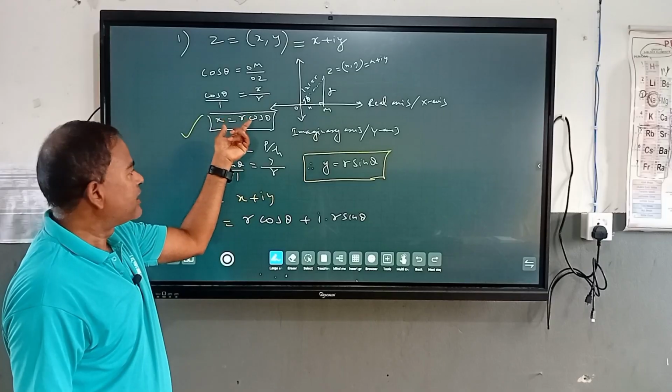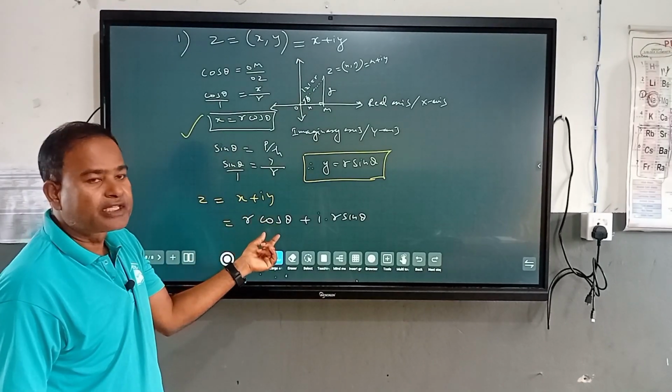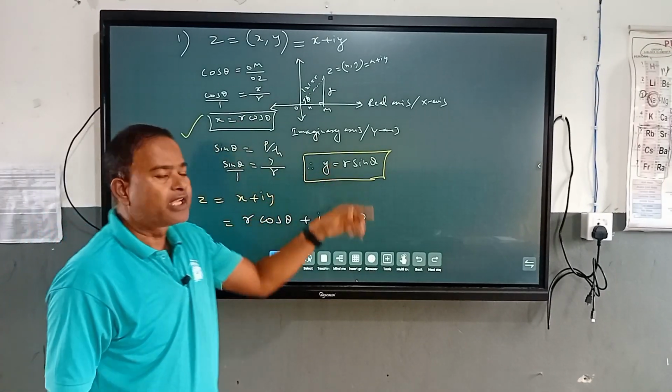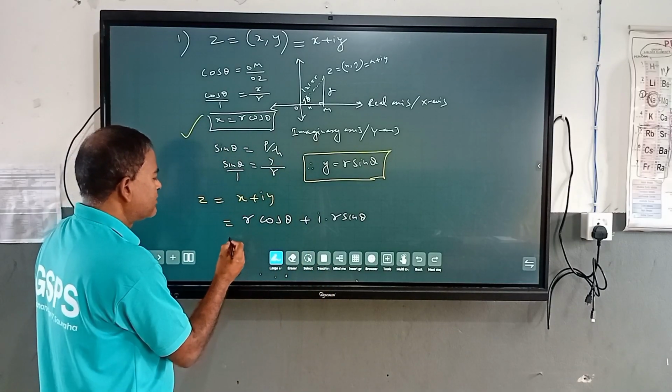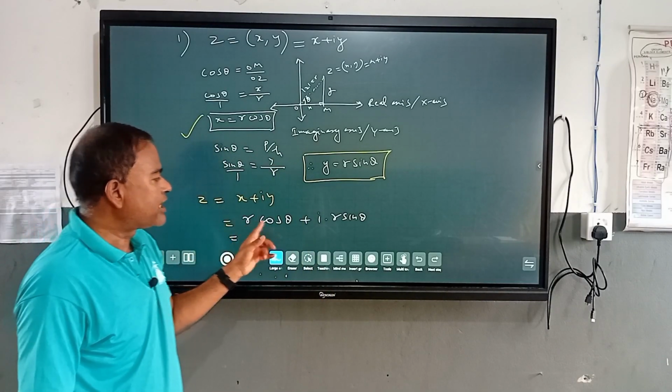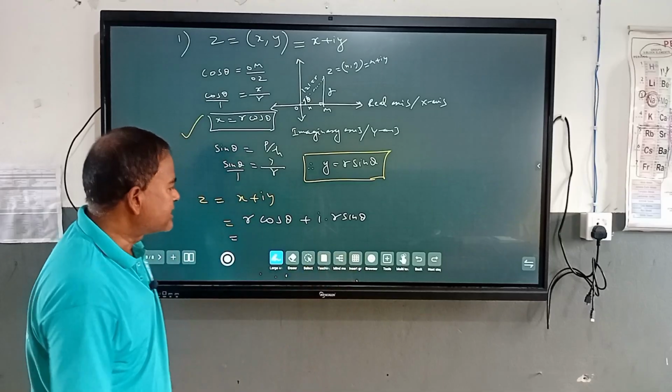So putting the value of x as r cos theta and the value of y as r sin theta in the given complex number, we have got z equals r cos theta plus I times r sin theta.